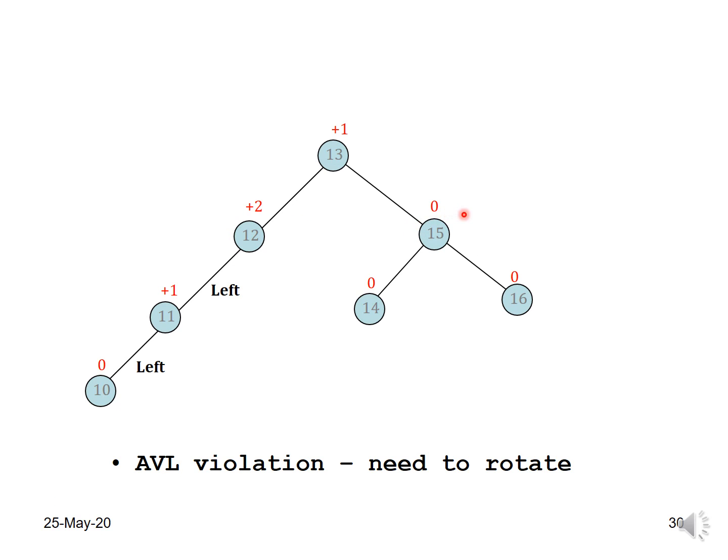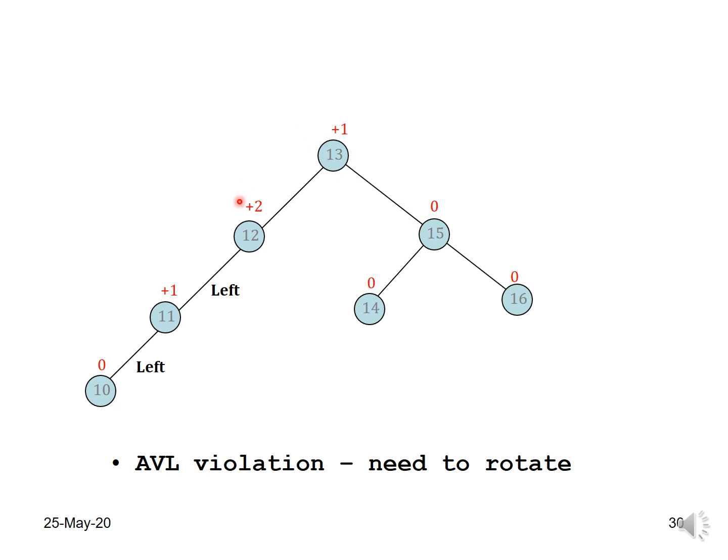The balance factor of this 15 will be 1 minus 1, 0, and the balance factor of this 13 will be 3 minus 2 equals plus 1, because the height of the left subtree is 1, 2, 3, and the height of the right subtree is 1, 2, so 3 minus 2 comes out to be plus 1.